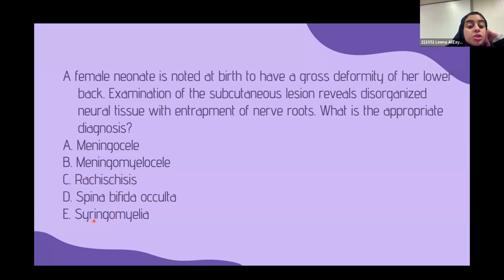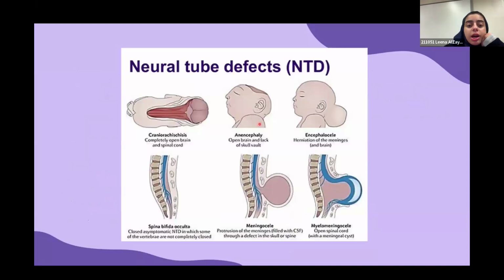And then you have syringomyelia, which is just a spinal cord lesion, so it's not involved. Okay, clear? Great. So the answer is B. Again, I wanted to show you guys how a lot of questions can come differently, but the same slide gives you the answer. And that's why I study this way.